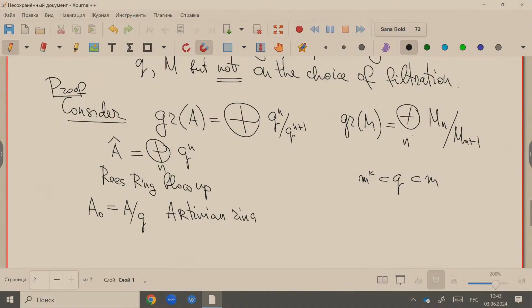So first of all, what we will need: A0, so A mod Q, is an Artinian ring, since M is the only prime ideal.